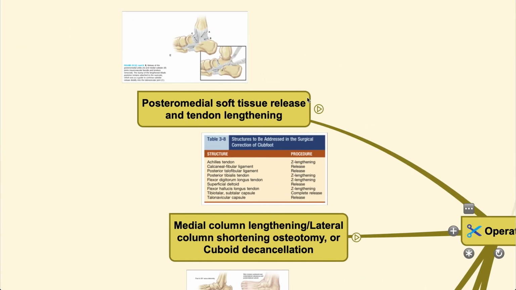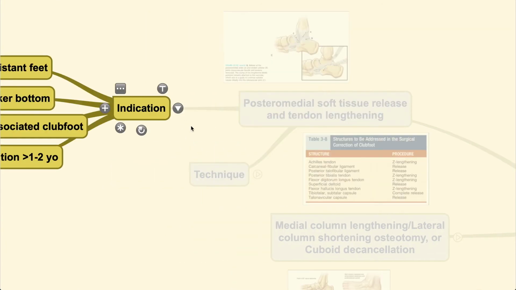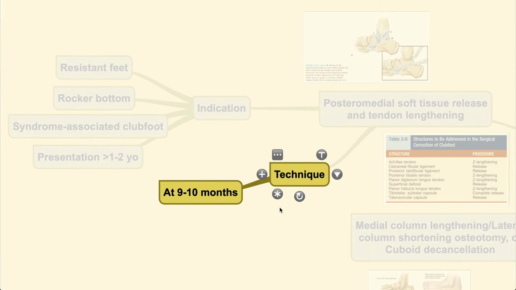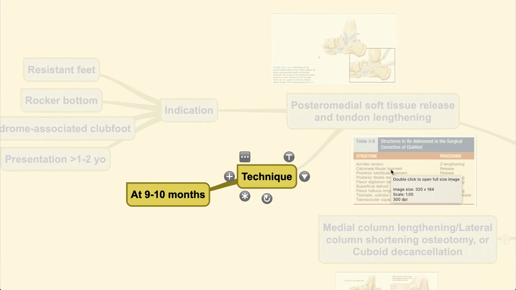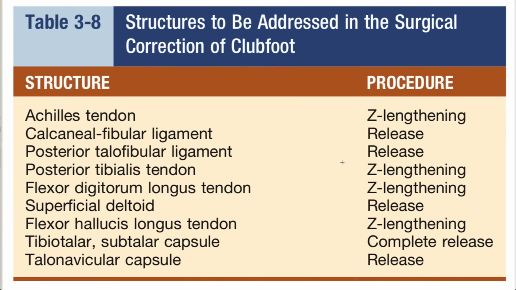The first would be the soft tissue release, and the soft tissue release is of course indicated in resistant feet, sometimes rocker bottom deformity, and in a syndromic type of clubfoot with late presentation. And the technique is usually done at age 9 to 10 months old, and the structures that need to be addressed include these structures.